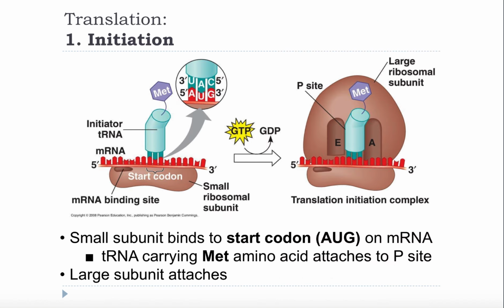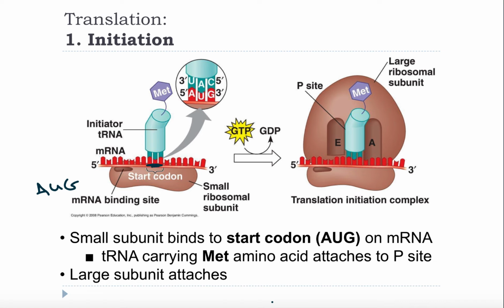Okay, so initially what happens is, with this whole mRNA, the beginning of it might be something else. It might be the GTP cap and stuff like that. But what's actually happening is towards the front of the mRNA, you have a start codon, the AUG start codon. Okay?